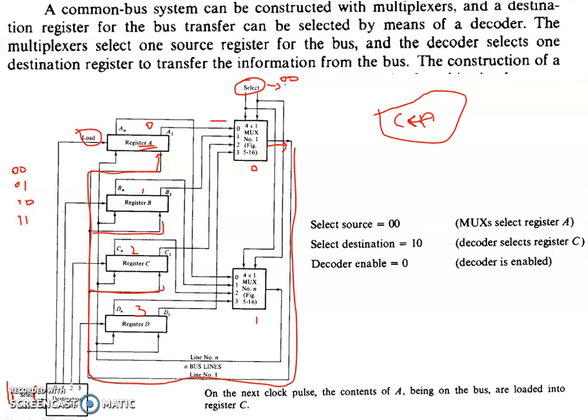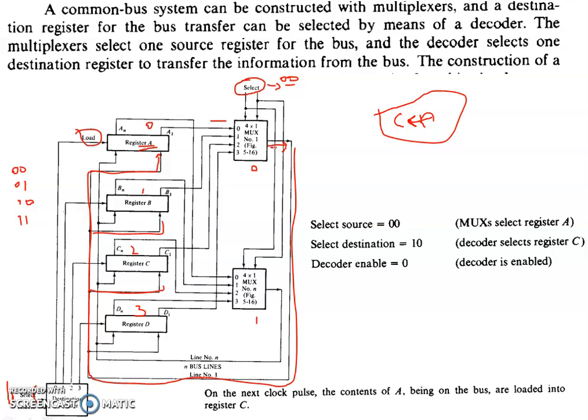This 0 0 helps in enabling register A, so the register A bits will be enabled at the multiplexer output, and that information will be loaded to the bus.